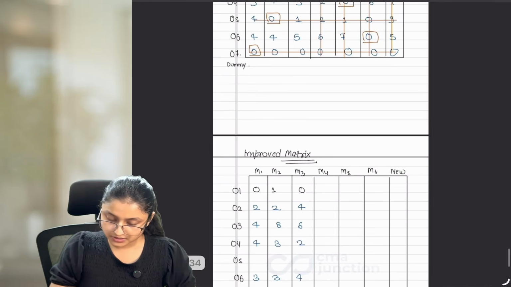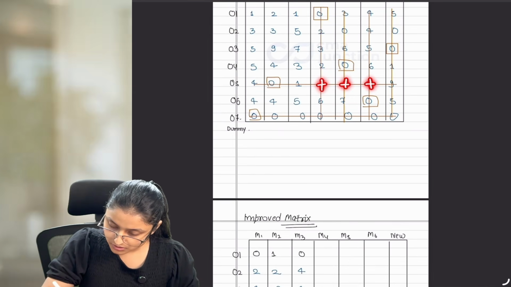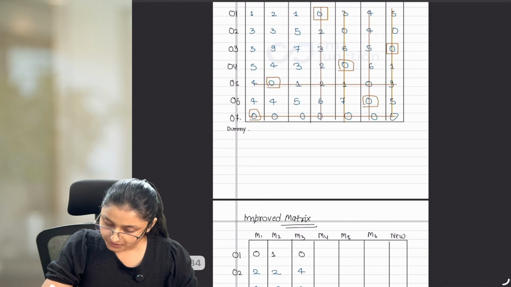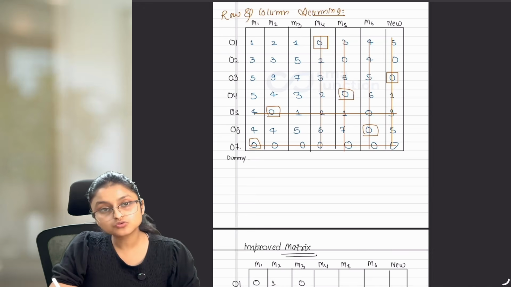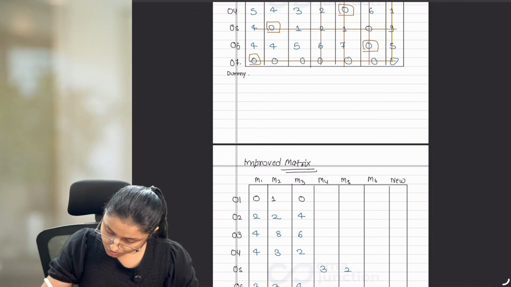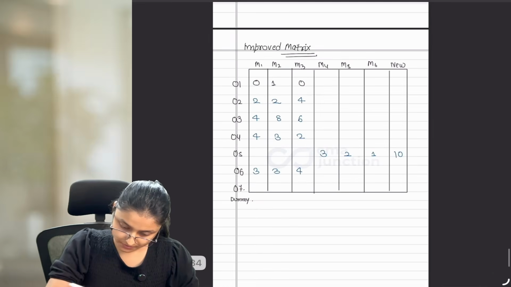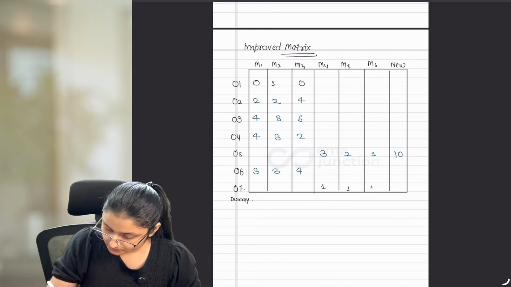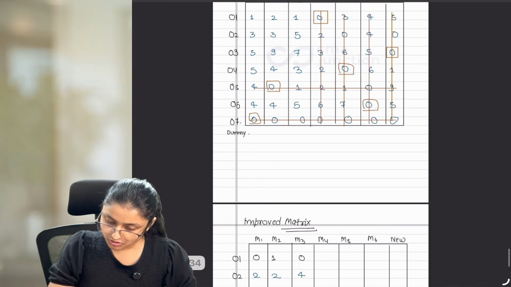Now, after this, there is a plus sign at the intersection points. In all these intersection points, add 1. So 2, 1, 0, 9 will become 3, 2, 1, 10 in the fifth row. And 0, 0, 0, 0 will become 1, 1, 1, 1 in the last row. Every other value will remain as it is. 0, 3, 4, 5.